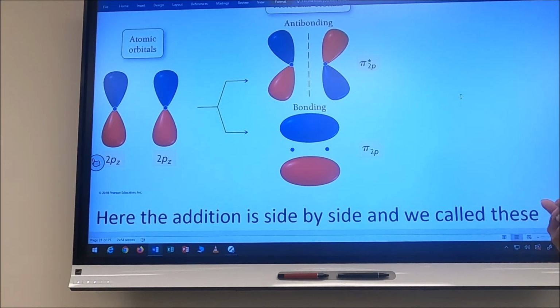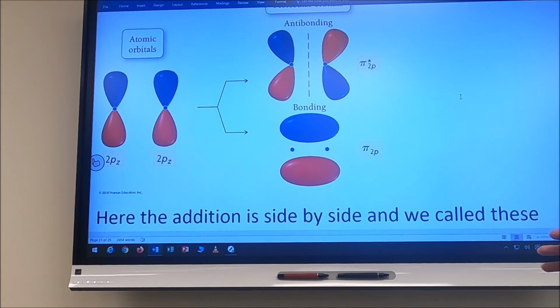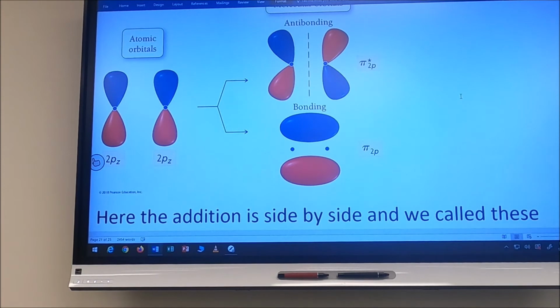So when I add p orbitals with p orbitals, px and px give us a sigma 2p bonding, a sigma 2p anti-bonding. When we add together pz and pz, we get a pi 2p bonding and a pi 2p anti-bonding. And when we add together py and py, we get a pi 2p bonding and a pi 2p anti-bonding.